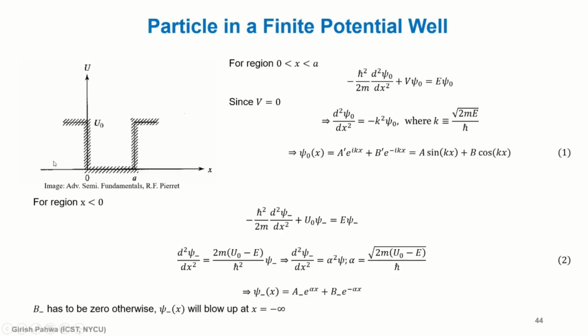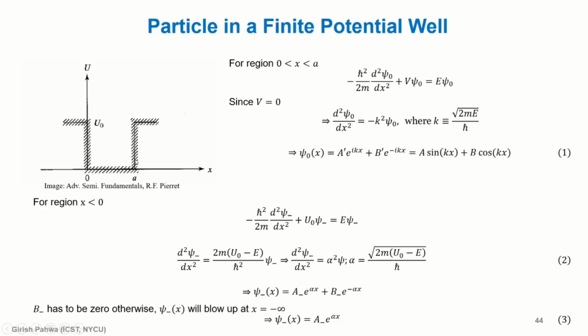What about this region? I have a wave function which is exponential with some positive alpha, and if I go to x negative, this is going to decay. If you make x more and more negative, this is going to decay. So I have an oscillatory function here, but I have a wave function which decays.